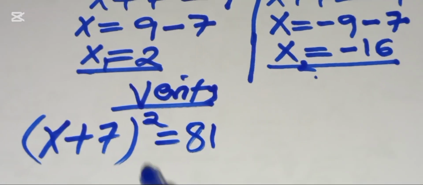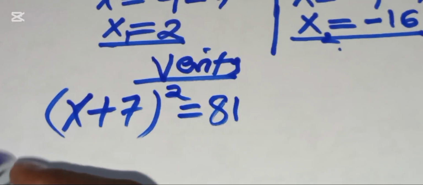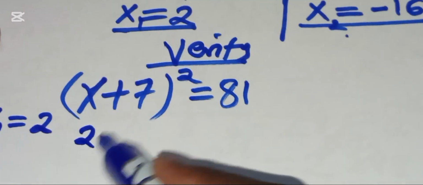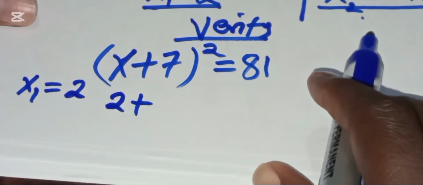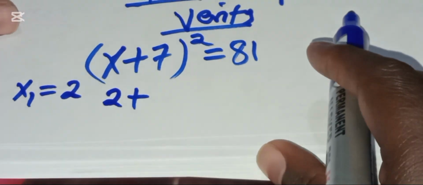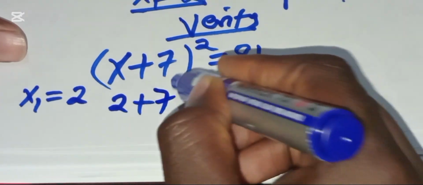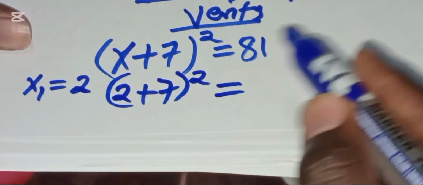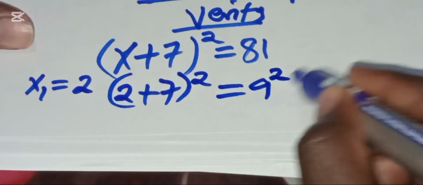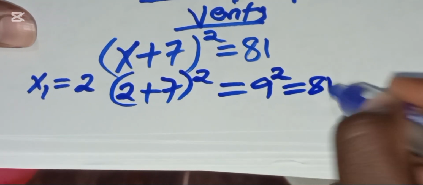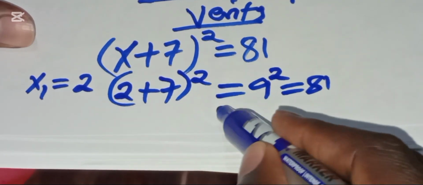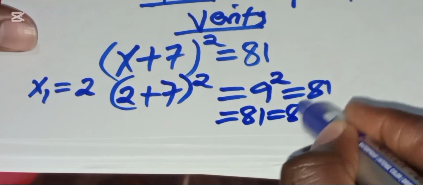Given that x1 is equal to 2, if we substitute here, we have (2 + 7)², which is 9², equal to 81. So that means x1, which is equal to 2, satisfies the equation.